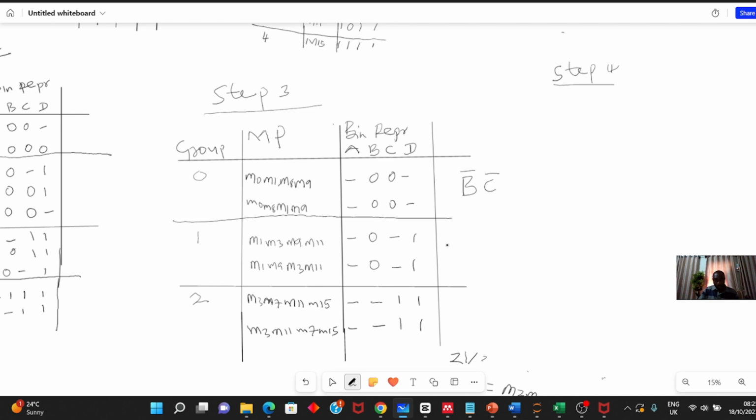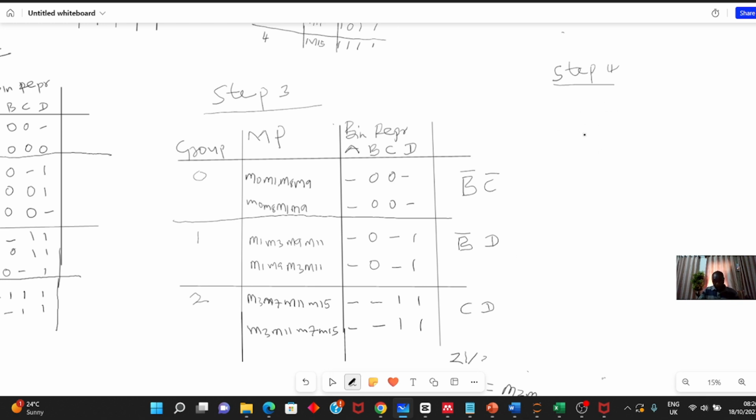In the second part, A was eliminated, and then C was eliminated. So we are left with B bar, and then D. And in the last part, A and B were eliminated. So we are left with C, D.